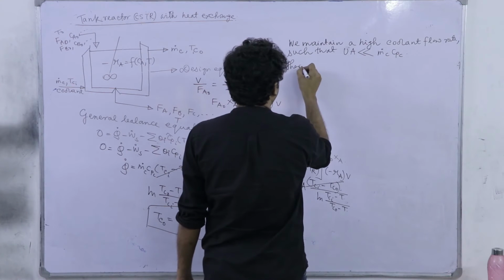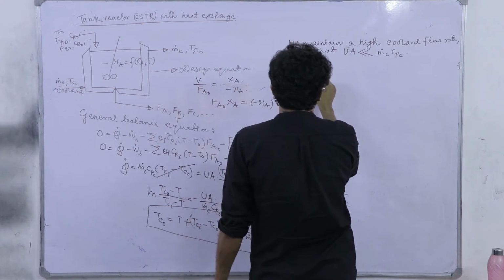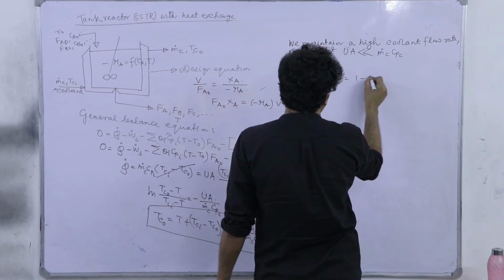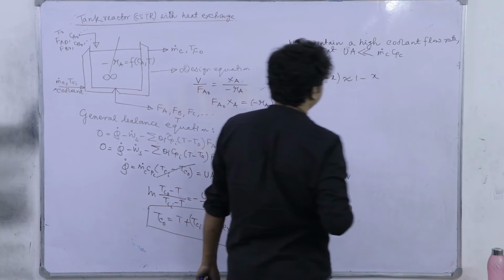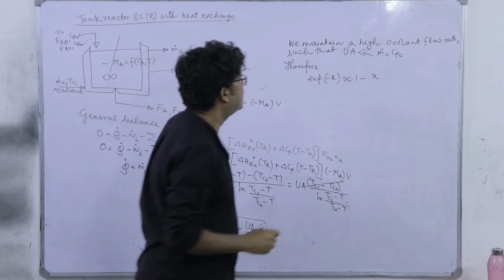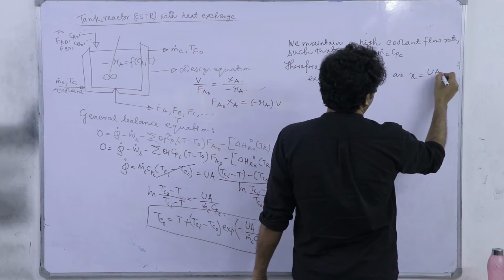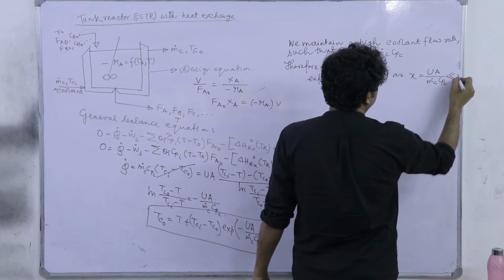Therefore, exponential term exp of minus x we can simplify as 1 minus x nearly, right, as x which is UA divided by m dot C Cpc is much lower than 1.